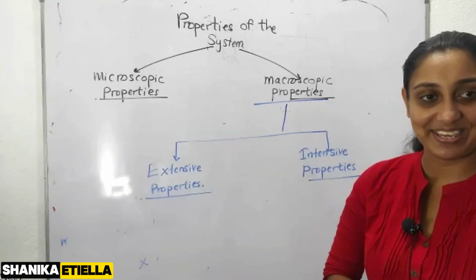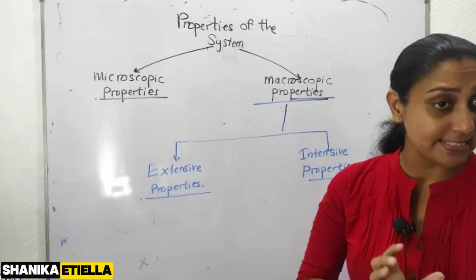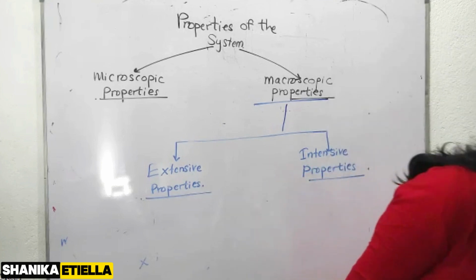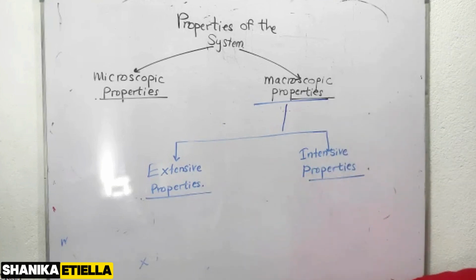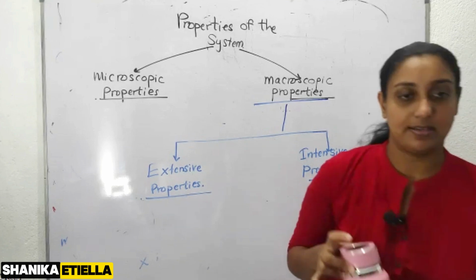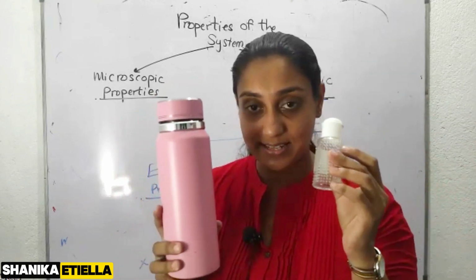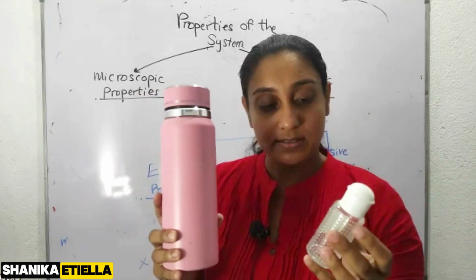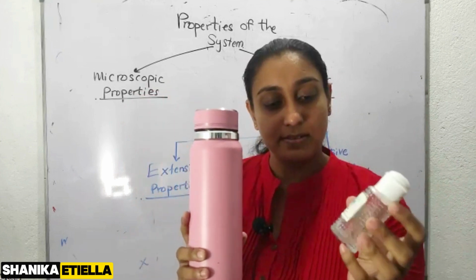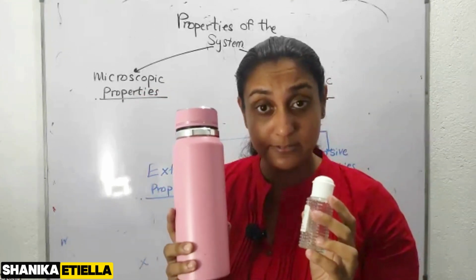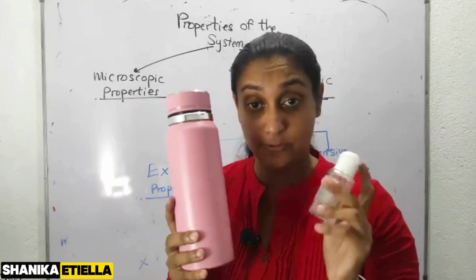Right? Okay. What is meant by an extensive property? I will take two systems. This is one system and this is another system. Consider the physical parameters which depend on the size of the system.